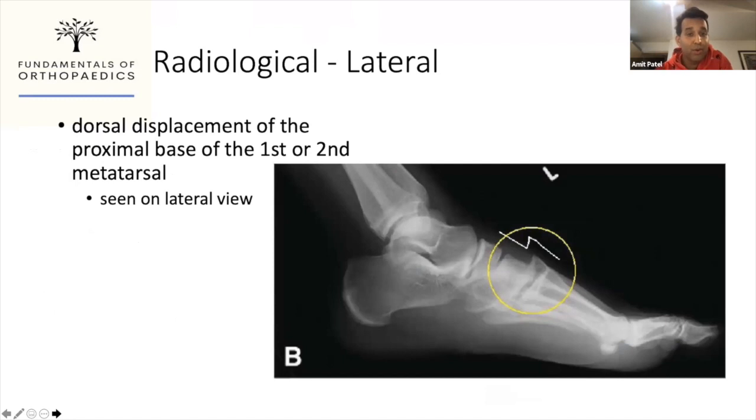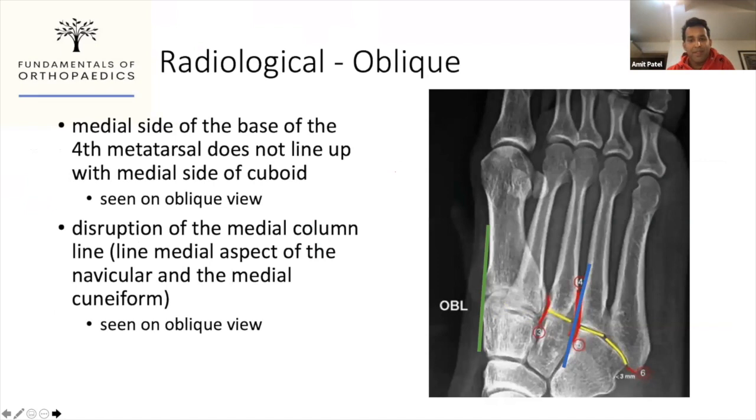On the dorsal radiograph, we're looking at displacement of the metatarsal bases in relation to the cuneiforms. Commonly it's 1 or 2, but can, depending on the energy of the injury, be all of the metatarsals compared to the cuneiforms. On the oblique, if you can focus on the blue and the green lines, we're looking at the medial side of the base of the fourth metatarsal to line up with the medial side of the cuboid.